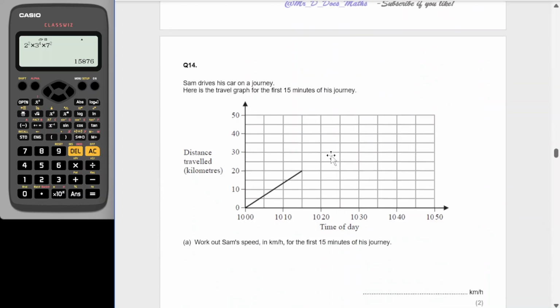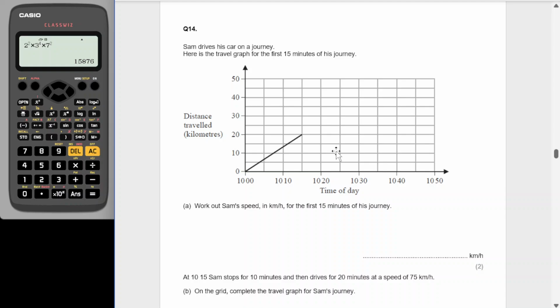Right, question 14. We've got Sam drives his car on a journey. Here is the travel graph for the first 15 minutes, distance travelled in kilometres, time of the day. Work out Sam's speed in kilometres per hour for the first 15 minutes of the journey. So in the first 15 minutes, Sam travelled 20 kilometres.